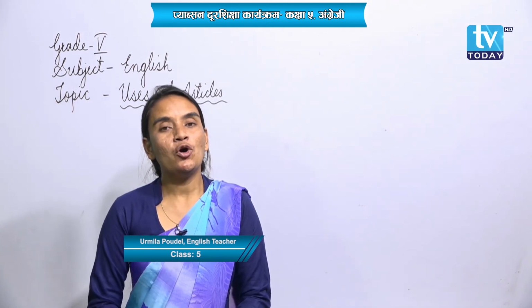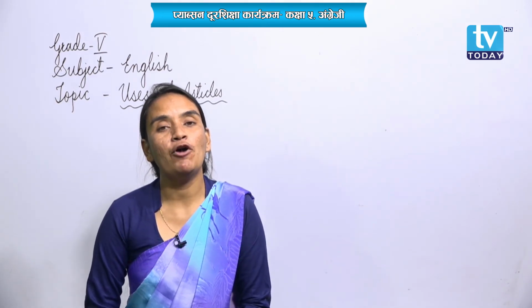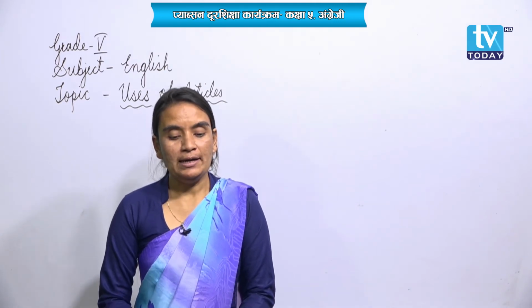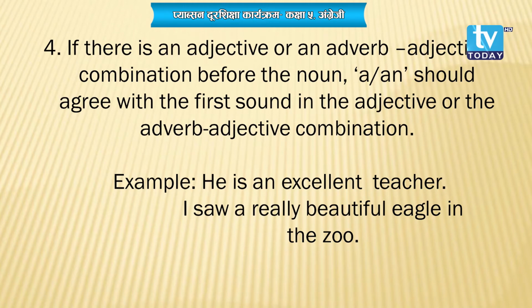Let us go to rule number 4. What's there in rule number 4? If there is an adjective or an adverb-adjective combination before the noun, a or an should agree with the first sound in the adjective or the adverb-adjective combination. You can check the example so that you will be more clear about it.